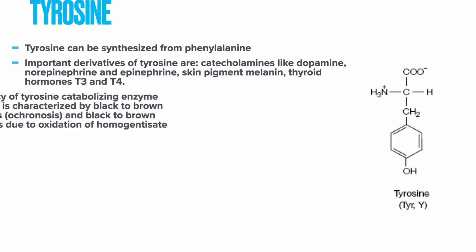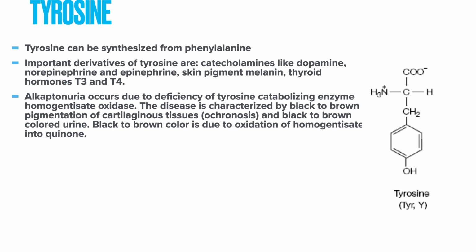Tyrosine can also give T3 and T4, thyroid hormones. So, these are special products that come from tyrosine. And in tyrosine catabolism, when tyrosine is broken down to give energy, we need certain enzymes. One of the enzymes required in the catabolism of tyrosine is homogentisate oxidase.